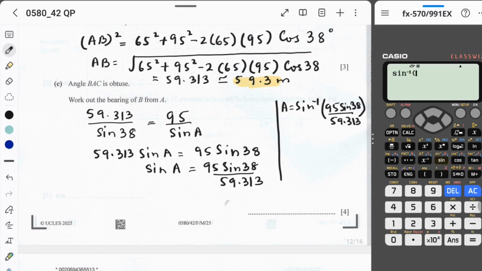Shift sine inverse and then take the numerator denominator option, that is 95 sine 38, bracket close and then come down, that is 59.313. You can take more decimal places for more accuracy. 59.313, all right, go up and close, equals 80.43166.